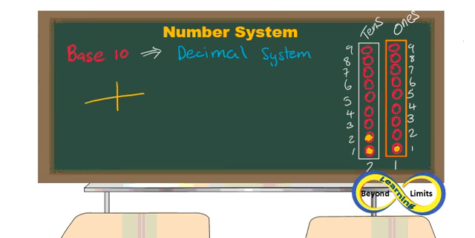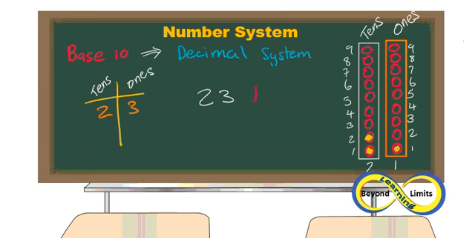So we could very well use the 10s and 1s column or chart, ones over here and tens over here. To represent, let's say we're talking about the number 23, then we can write it on our chart as 2 tens and 3 ones.